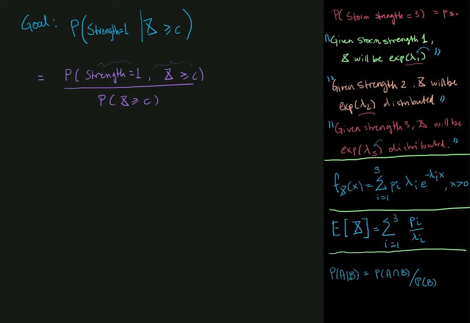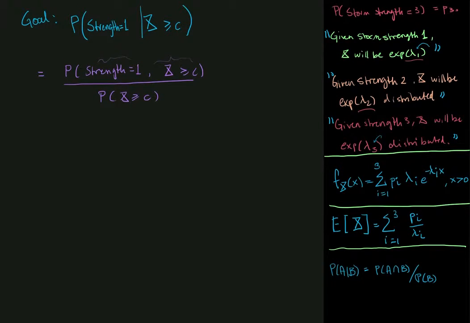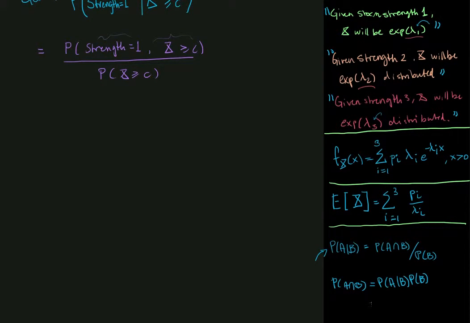For that, we can try to remember yet another trick from just good old probability theory, which is that the probability of A intersected with B, well, if I take a look at this formula above here and I multiply P of B over here, then I know that the probability of A intersected with B is the probability of A given B multiplied by the probability of B. However, there's no reason why I shouldn't use the probability of B given A multiplied by the probability of A, right?